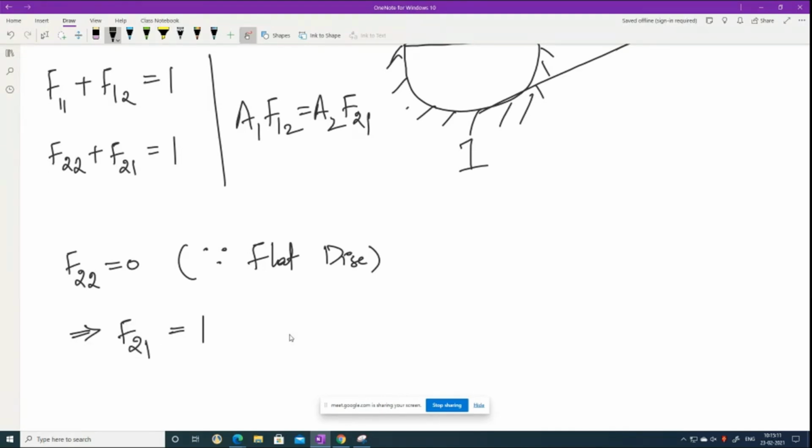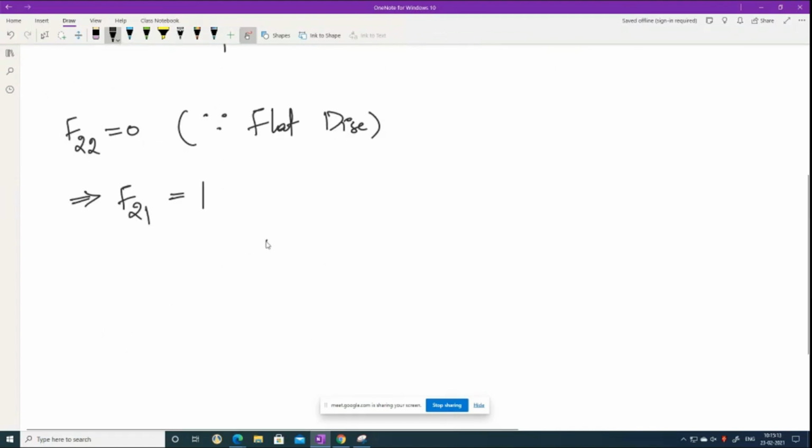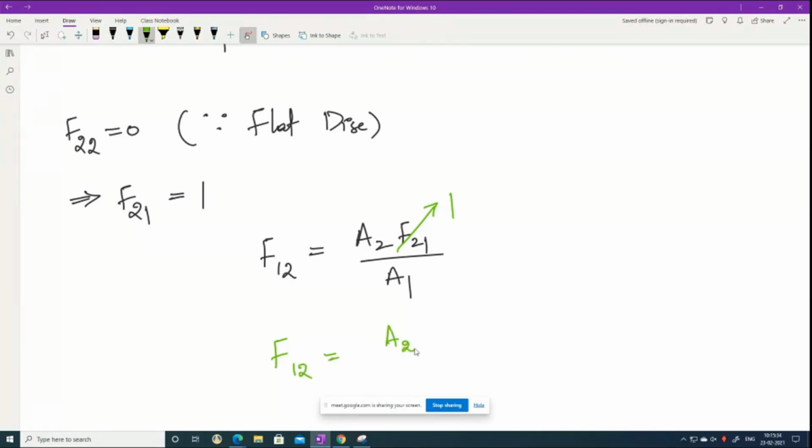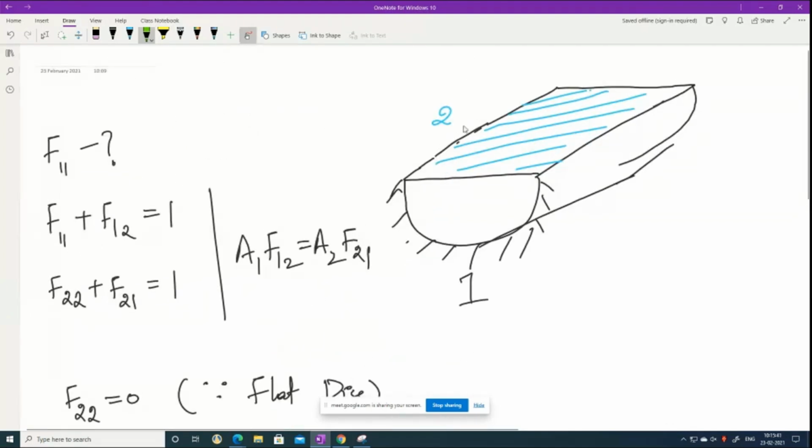If F21 is known, you can make use of the reciprocity theorem. That is, F12 you can write is equal to A2 F21 by A1. In this, you have this F21 as 1. So simply put, this F12 is the ratio of A2 by A1. What is A2 here? Area of this flat disk.